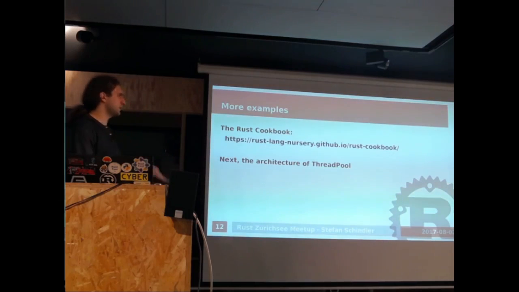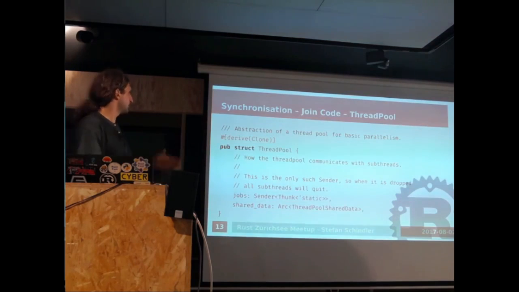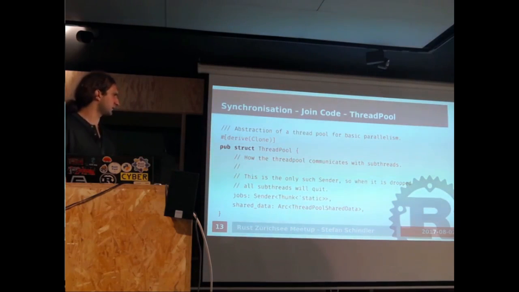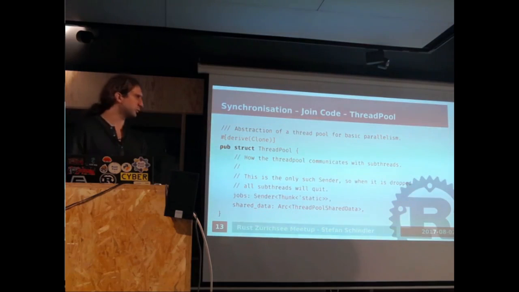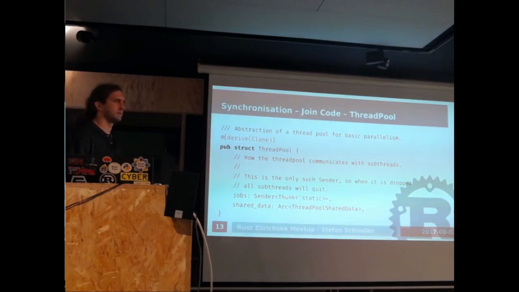Since you don't have any questions, let's go on to the architecture of the pool. I already hinted at it. So, this is the complete code for the structure. This is all the fields that are in the Threadpool. We have a sender, which will be clonable, and we have a reference to the shared data. For those of you who are new, we have this derive up here.